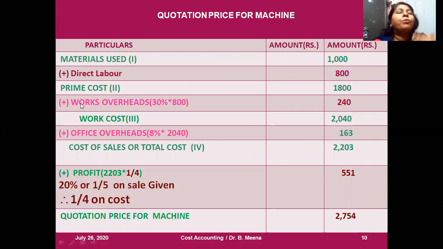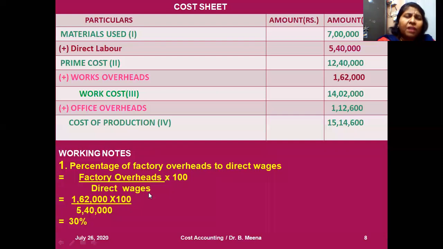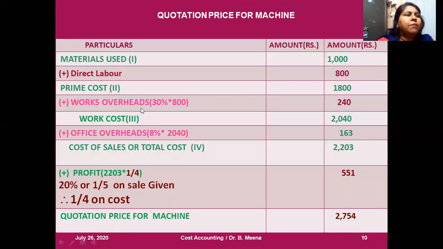Next, I have to proceed to calculate how much the work cost is, and how much the cost of production is. So how to calculate the work cost? Plus works overhead. What is the percentage I calculated? Works overhead and factory overheads are all the same. The factory overheads percentage, 30%. So I will take this 30% in my calculation.